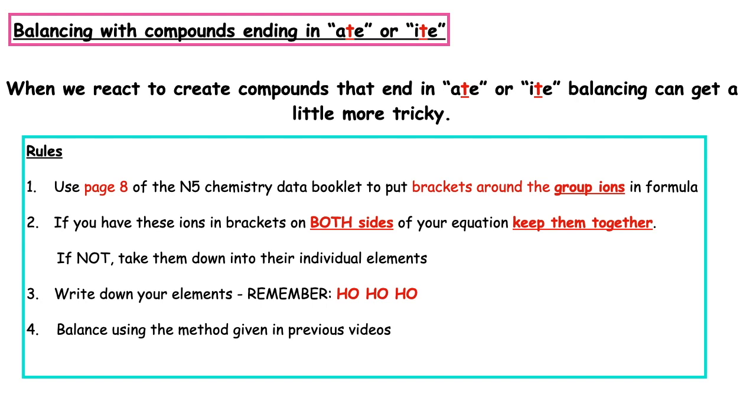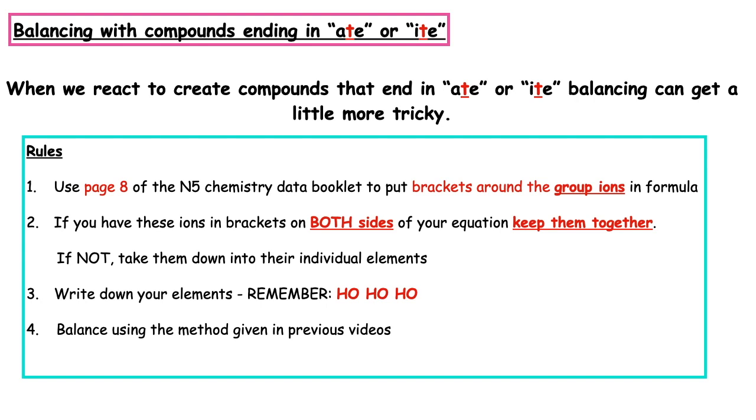Now, there are a couple of rules that will make this super easy for you to do. The first one is extremely important. If we have group ions, we want to use page 8 of the National 5 Chemistry Data Booklet to put brackets around those group ions, just the exact same way when we are writing formula for compounds which end in ate or ite. We always put brackets around them.